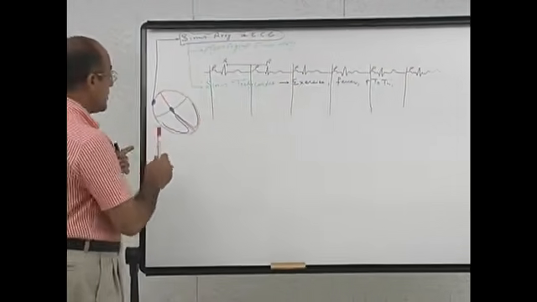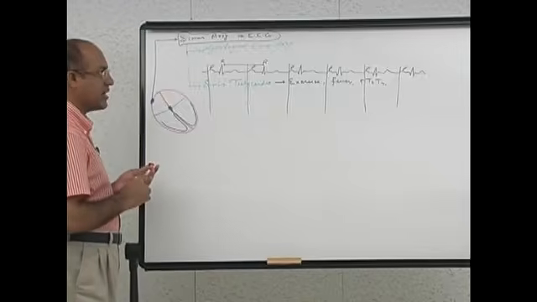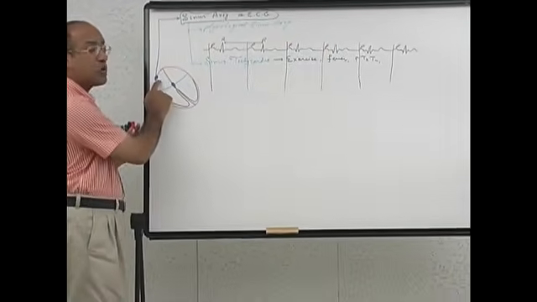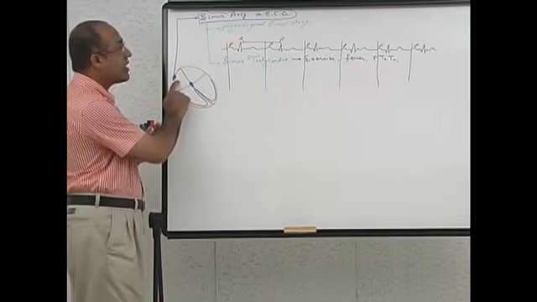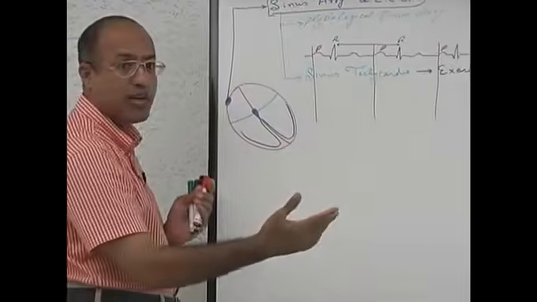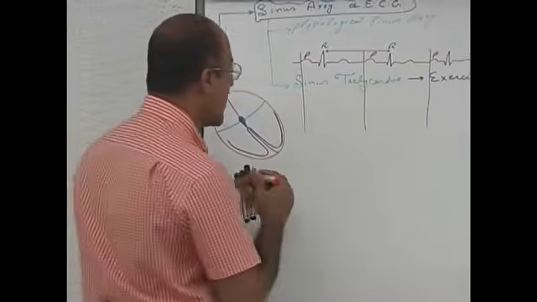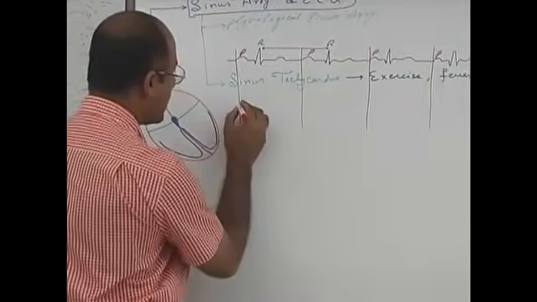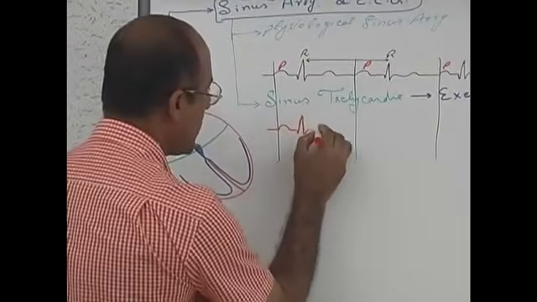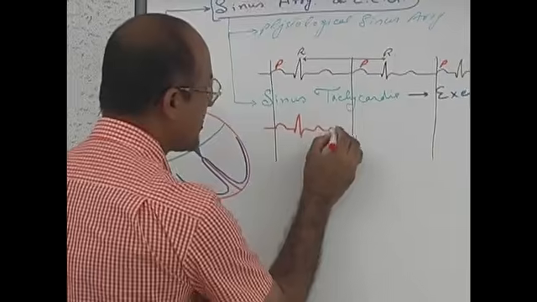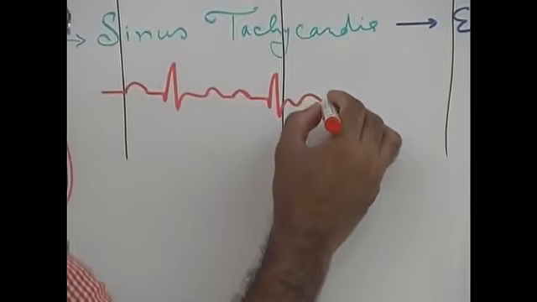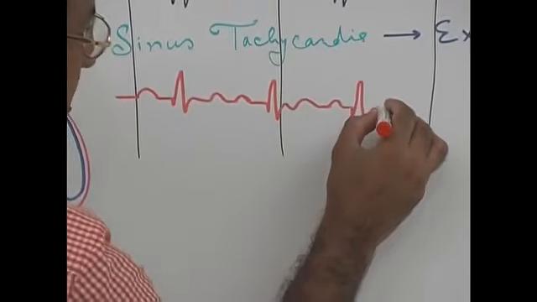Now, if there is sinus tachycardia, what will really happen is that the SA node will be firing more frequently. It means that P waves will be produced more frequently in a given time. So look at the ECG of sinus tachycardia. Now the P wave appears earlier.